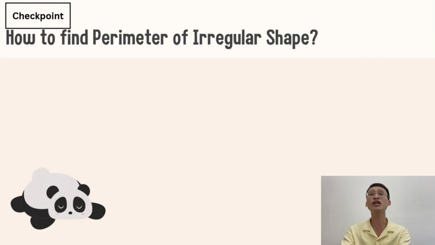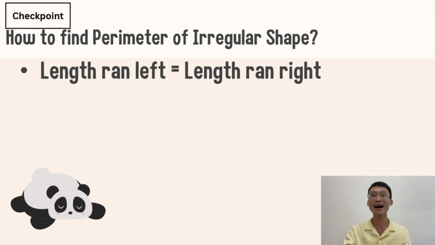Now, let us do a checkpoint on how to find the perimeter of an irregular shape. Using the story of the fat panda trying to lose weight, firstly, what is the relationship between the length ran leftwards and rightwards? Exactly, they are equal. Secondly, what is the relationship between the length that ran upwards and downwards?